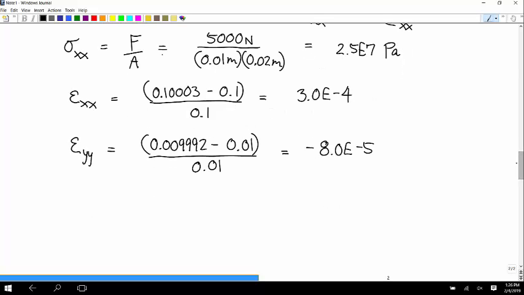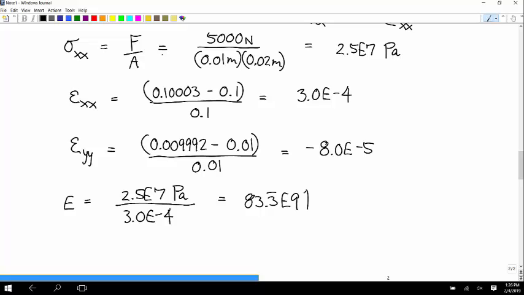Okay, so now we can use these measurements that we took to do the calculation. The Young's modulus is 2.5 times 10 to the 7 pascals over 3.0 times 10 to the minus 4, and that's unitless. And so you get a Young's modulus of 83.3 repeating times 10 to the 9th pascals, or 83.3 repeating gigapascals.